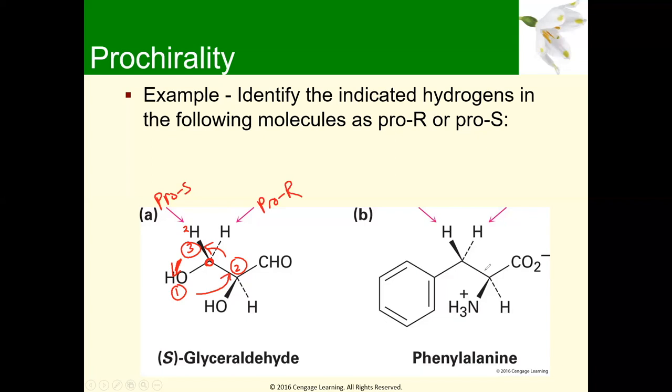Okay, so let's do the same thing over here. Let's assign some priorities. This prochiral carbon is attached to a carbon, and it's also attached to a carbon over here. But this carbon in the benzene ring has nothing but carbon and hydrogen in it. Whereas over here, this carbon has some higher atomic number atoms involved.